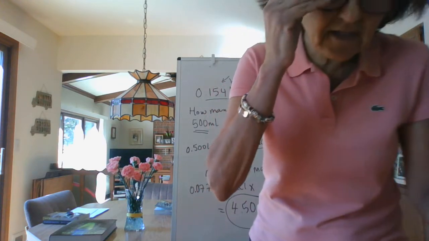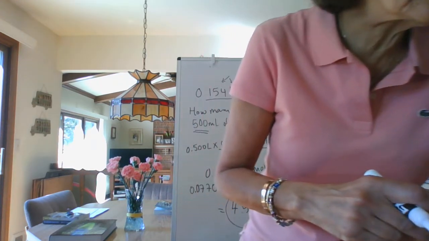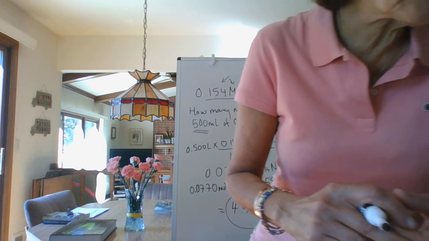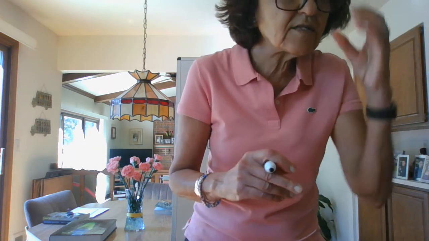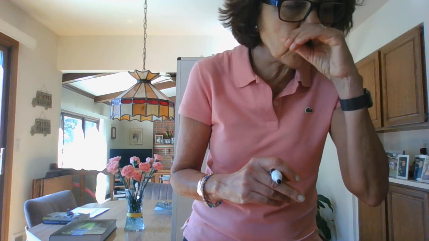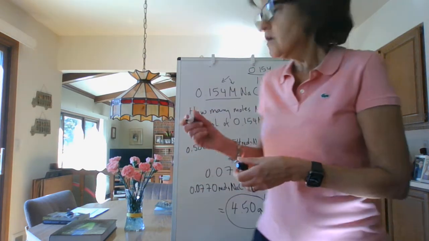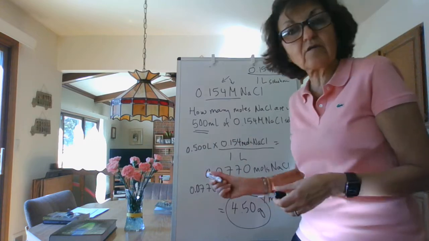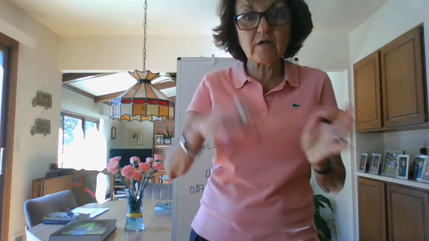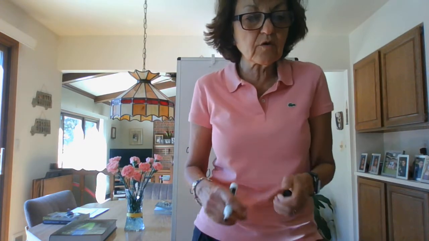Okay, so that's that question, and that deals with number 10 on the what-you-need-to-know list, where it says be able to calculate molar concentrations and use molarity as a conversion factor. So this one is using molarity as a conversion factor, and we already know how to calculate molar concentrations.